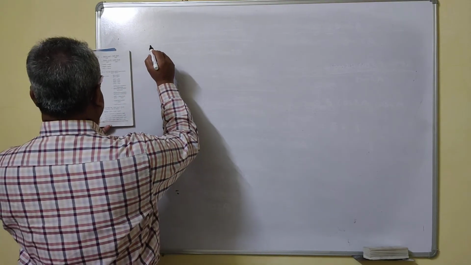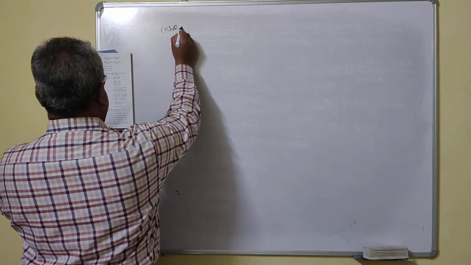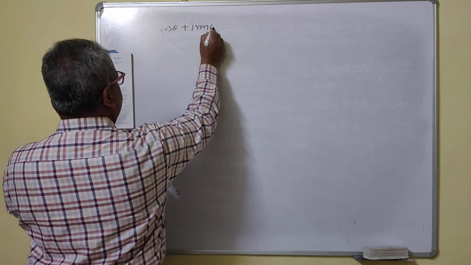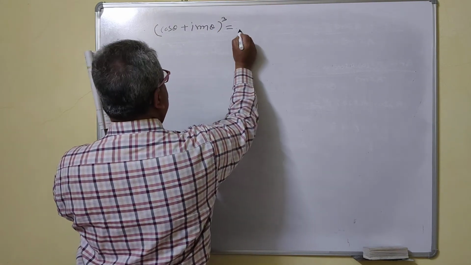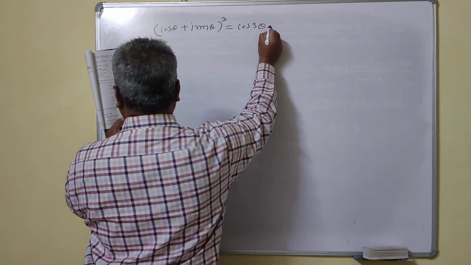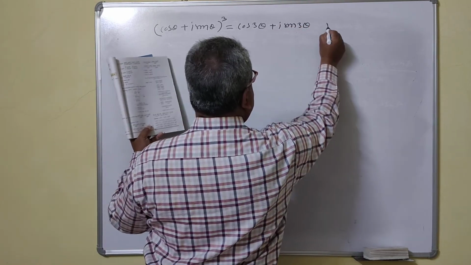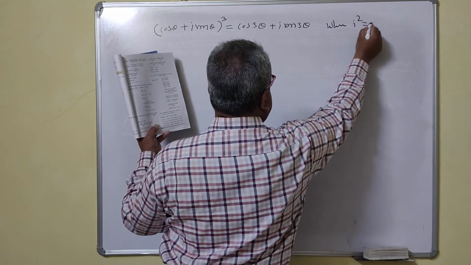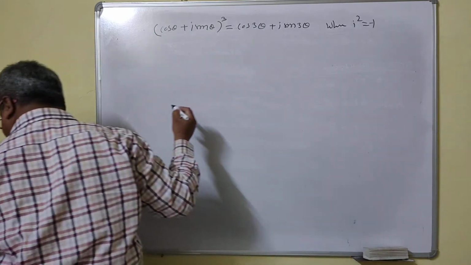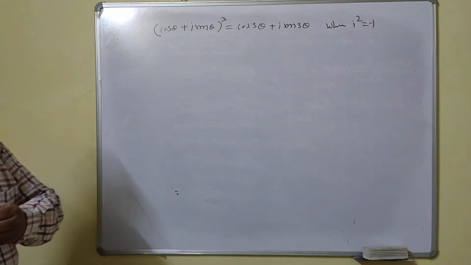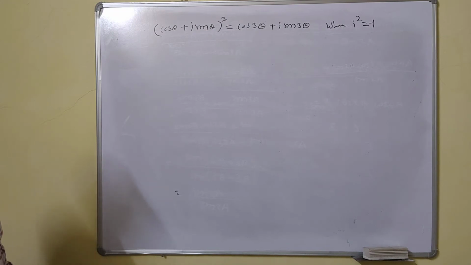Show that cos theta plus i sin theta, it is a problem of complex numbers, whole cube is equal to cos 3 theta plus i sin 3 theta, where i square is equal to minus 1. This is a complex number. Whenever i square is there, the value is what? Minus 1. Okay.